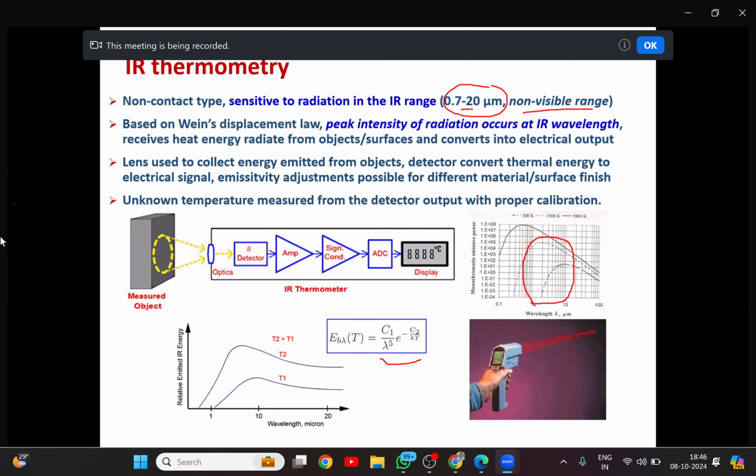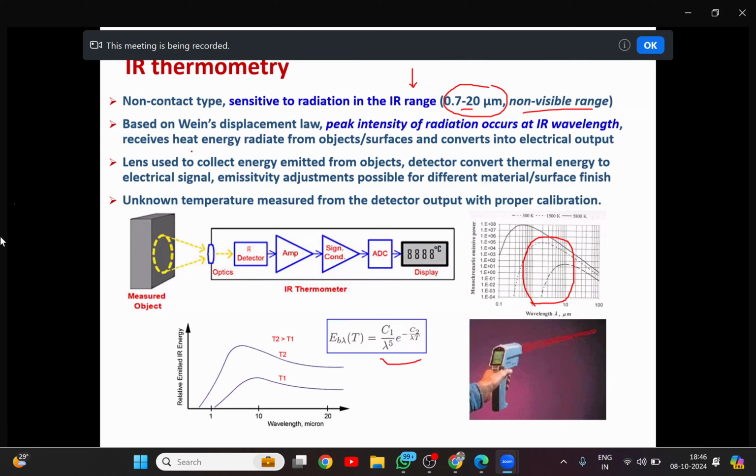So that is why you use IR thermometry, because in this range of hundreds of Kelvin to 1000 Kelvin, the maximum intensity is observed over the wavelength of, let's say, 1 to 10 micron or 0.7 to 20 micron. That is why you use IR thermometry.